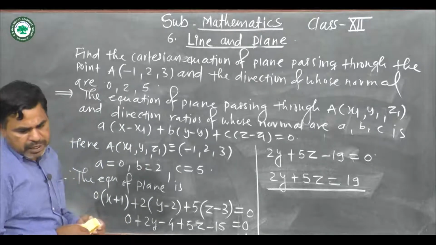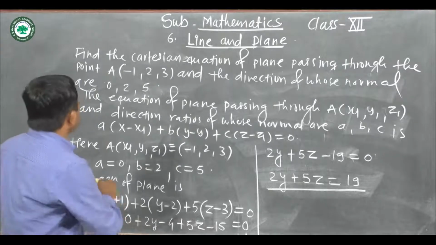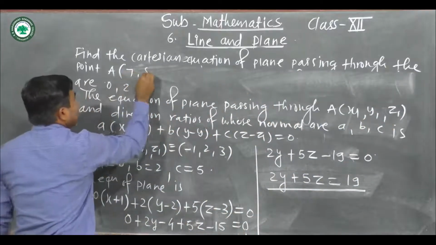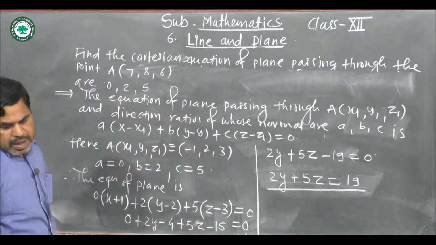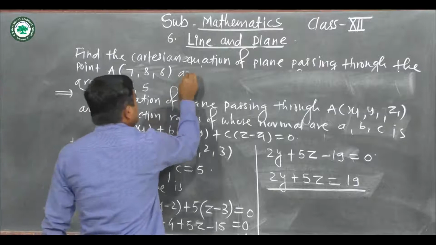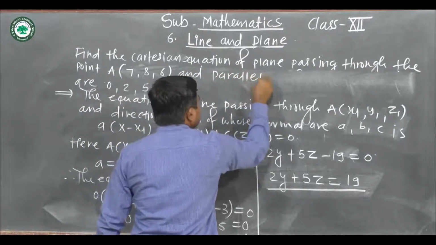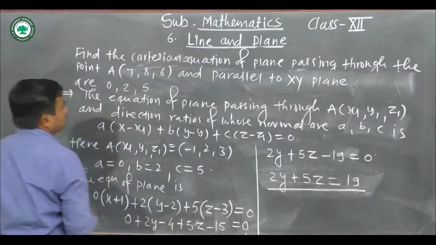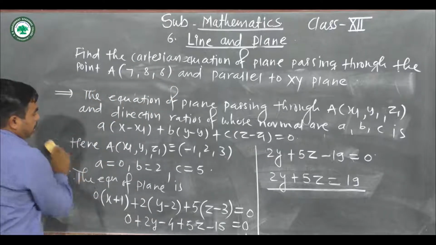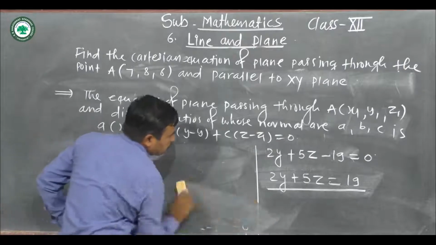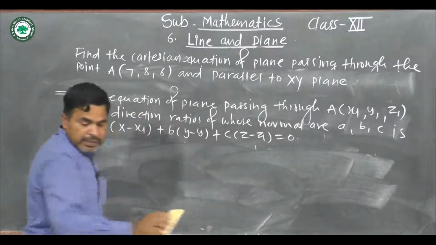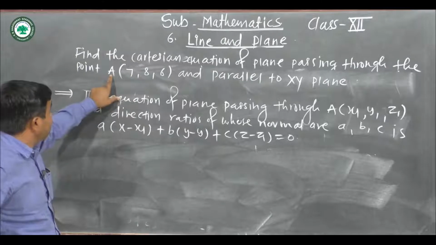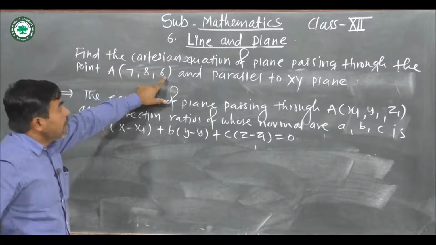Find the Cartesian equation of the plane passing through the point A with coordinates 7, 8, 6 and parallel to the XY plane.